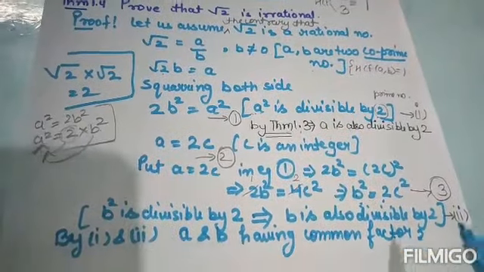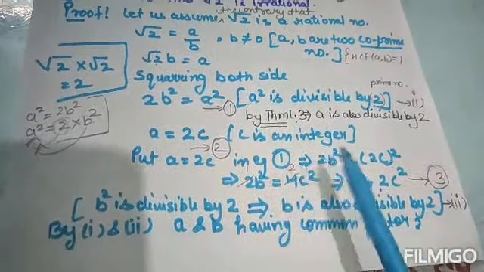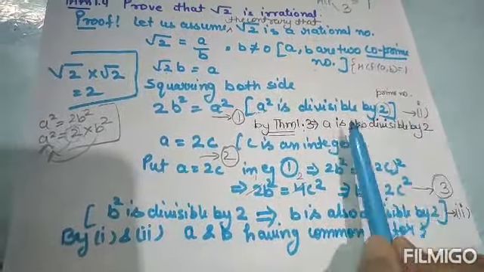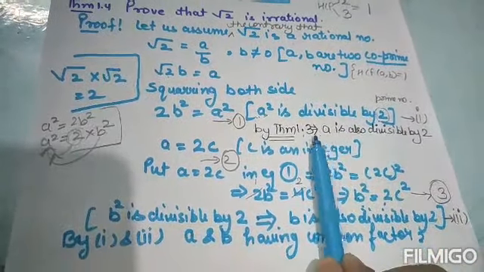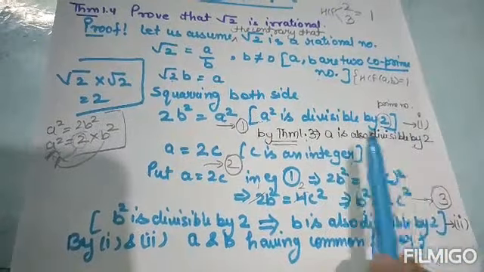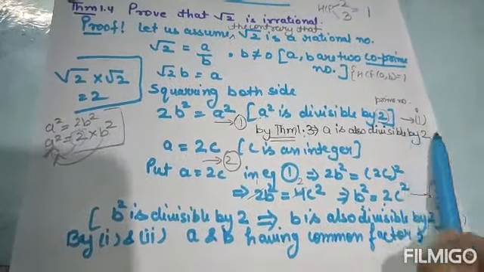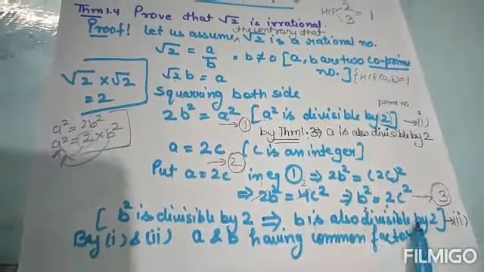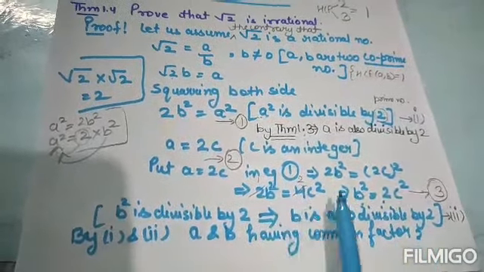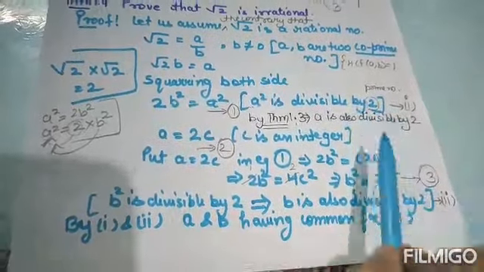Why common factor 2, I am writing. Look here, 2 is also dividing A. If a number is dividing A, that means A is its multiple, that is 2 is coming here as well, and 2 is also dividing B, meaning B is also a multiple of 2, that means 2 is common in both A and B.